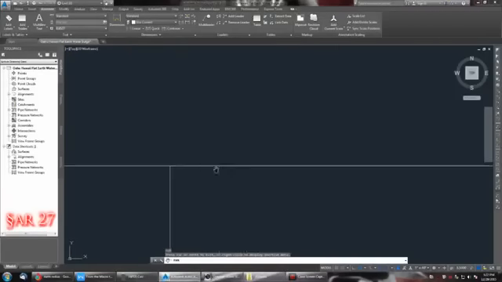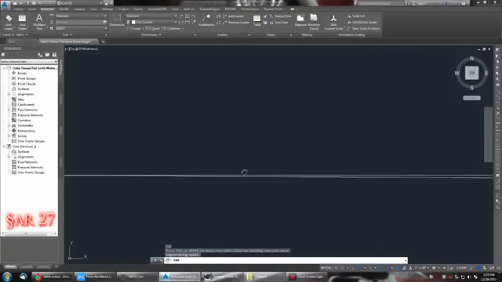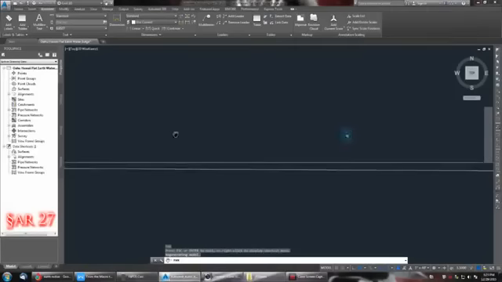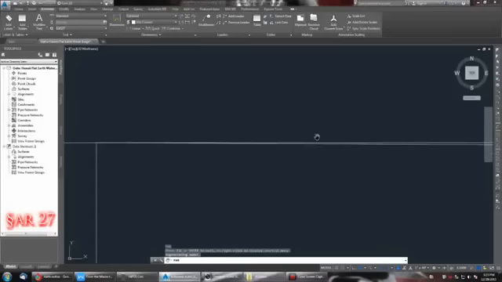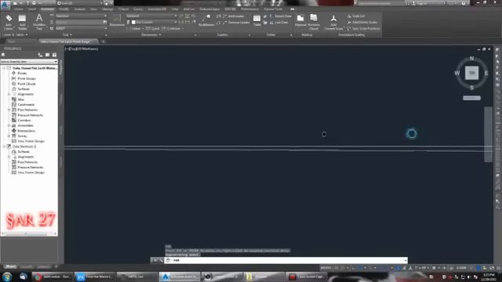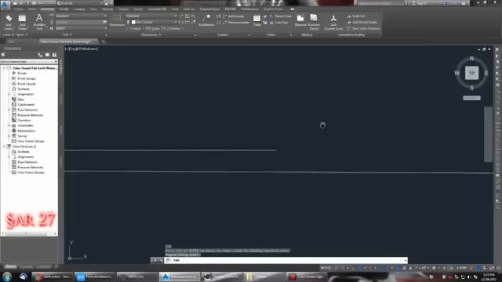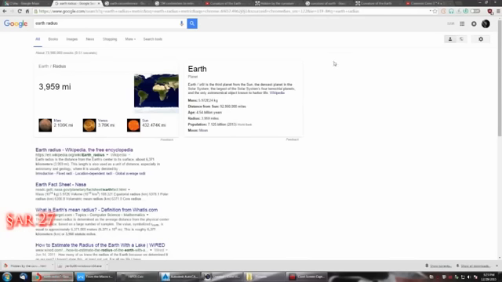I can barely even see that line. Okay, there it is. I'm going to scroll to the left. Zoom out a little bit. I don't want to actually scroll 9 miles. It'll take forever. Alright, here we go. Sorry, I had to zoom in a lot.